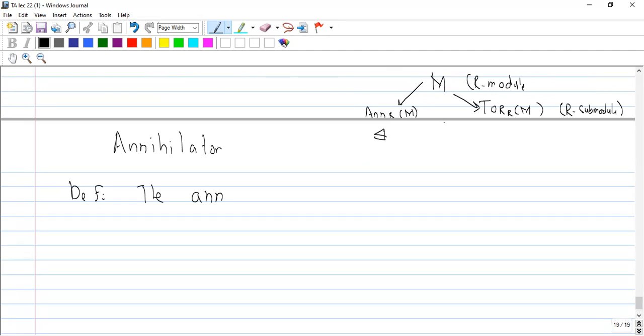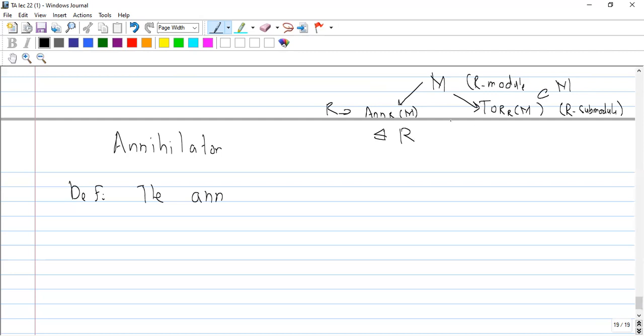Actually this Tor was a subset of M, and it is an R submodule. But this annihilator is not a subset of M, it is a subset of R. And moreover, we will see that it is an ideal of R. So there are two things which we are attaching. To study an R submodule, we attach the concept of tau, which is a subset of M, and more than a subset, it is an R submodule of M if R is an integral domain.